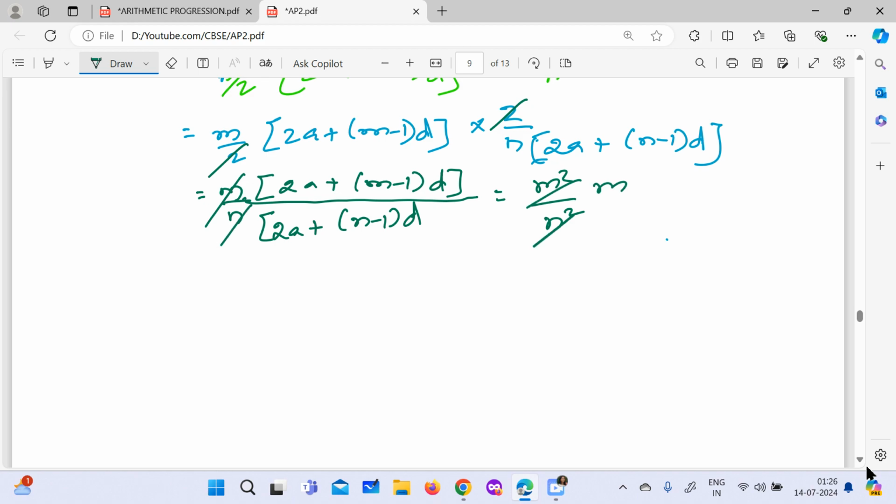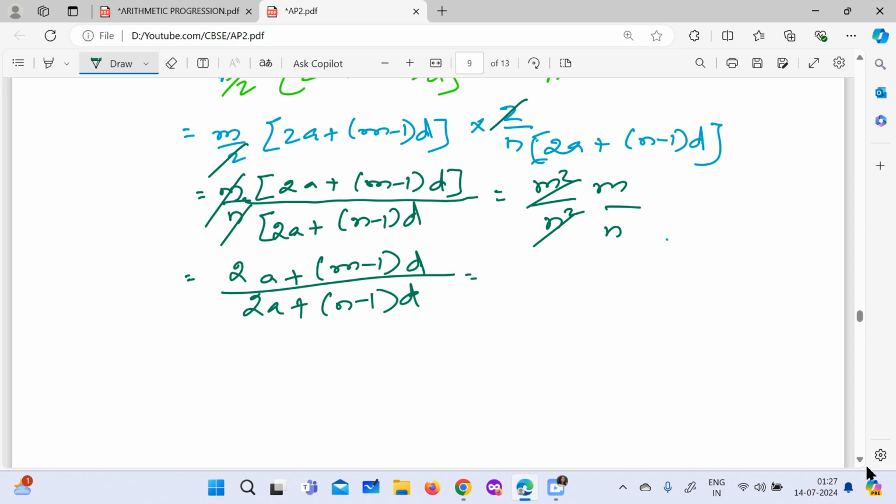This gets cancelled and you get n. So you have m over n. So this is 2a plus m minus 1 into d over 2a plus n minus 1 into d, which is nothing but m over n.